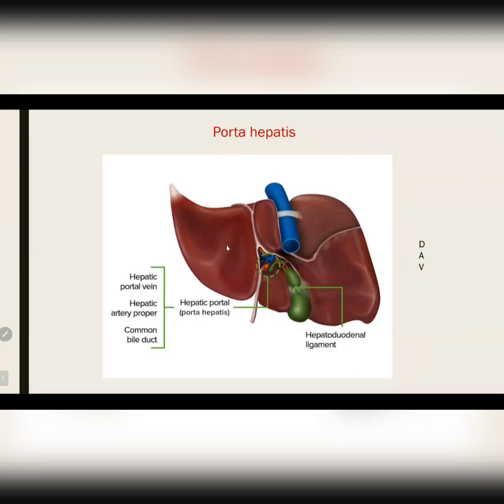From anterior to posterior, the structures at the porta hepatis are bile duct, artery, which is the hepatic artery, and vein, which is the portal vein. So it's duct, artery, vein from anterior to posterior. If you know the name David, it's DAV, the structures from anterior to posterior at the porta hepatis.